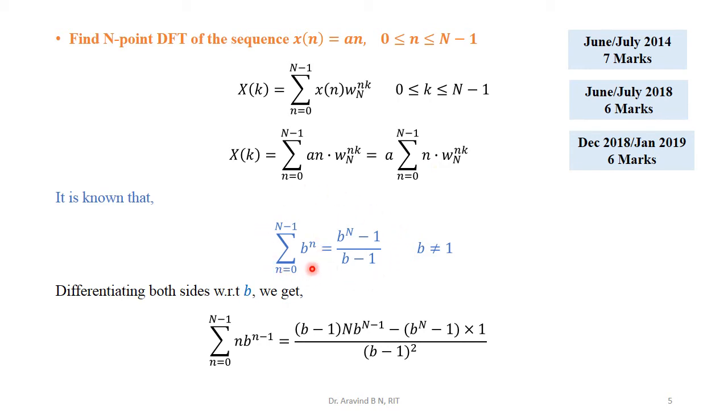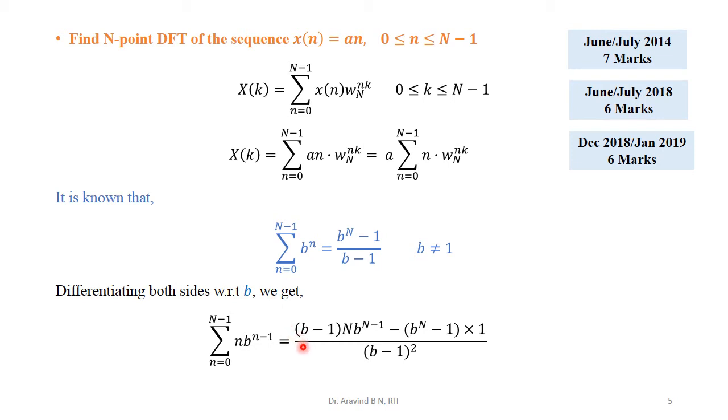Therefore, first we must get to a situation where the summation and what is inside the summation completely match what we are having, and then we make the substitution. For that, we take this formula a step further, that is, differentiating on both sides of this expression.